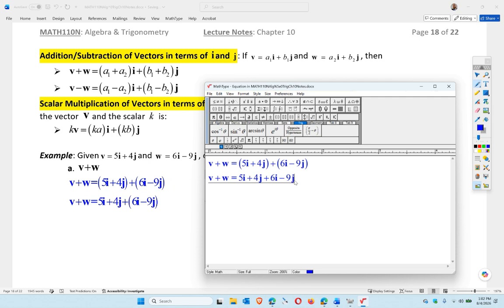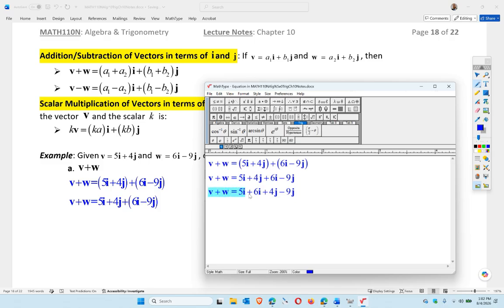Okay, so at that point you can just combine the values. Essentially you can rearrange them if you want to, so you get the plus there and the -9 there, correct?